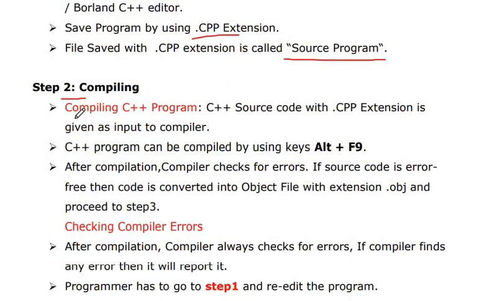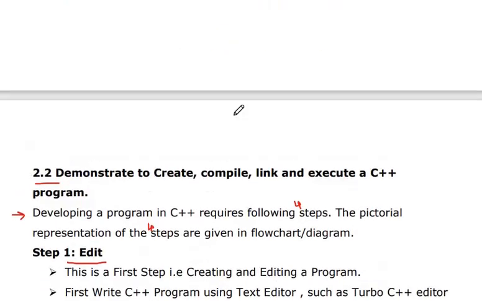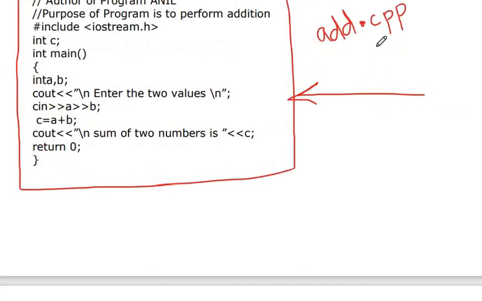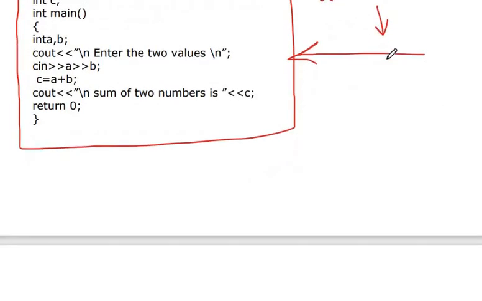Compiling a C++ program. The C++ source code with the .cpp extension is given as an input to the compiler. Here the program add.cpp is given as an input to the compiler.